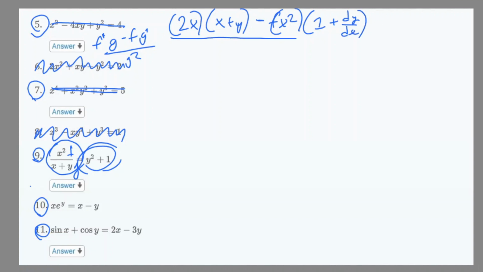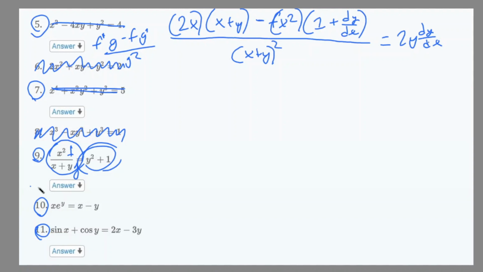And that's all going to be over g squared, which is (x plus y) squared. Then on the right side, we have 2y dy/dx, and plus 0, so we just don't write it. So this is quite a bit we're having to deal with here.